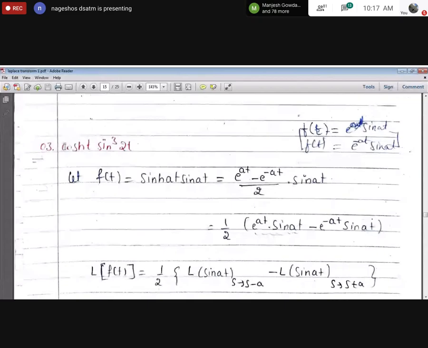This is not cos h t sine cube 2t. This is sine hyperbolic at sine at. Okay, I have written wrong. Third problem is sinh at sine at. Okay, change that.